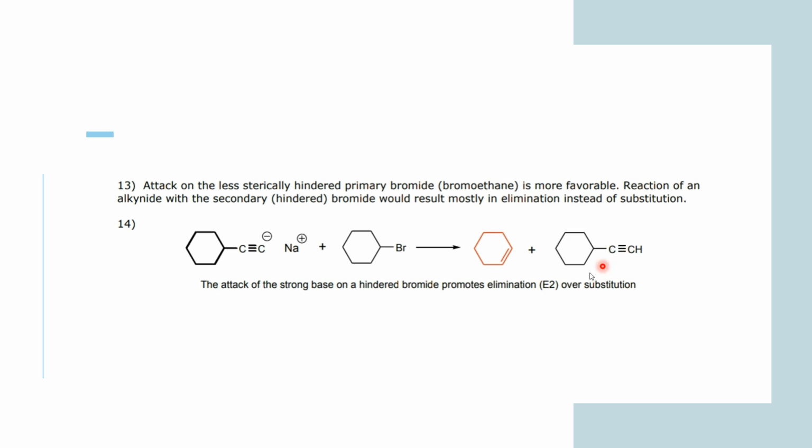And this terminal alkyne will be the byproduct of this elimination reaction. And if you had gotten a substitution reaction here, this C center would bring up this cyclohexyl ring, and this bromide would knock out, but that will be a very minor product in this reaction.